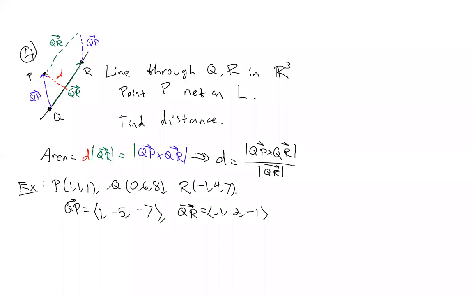And you take the cross product, and what does the cross product become? QP cross QR: (1, -5, -7) cross (-1, -2, -1). And what do you get?